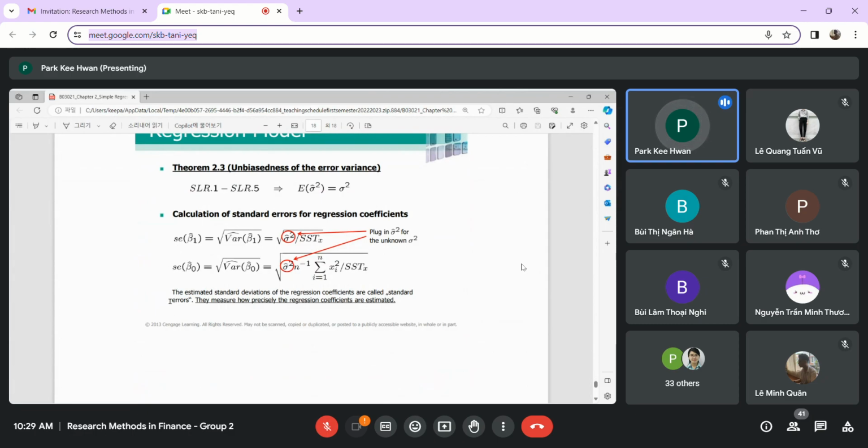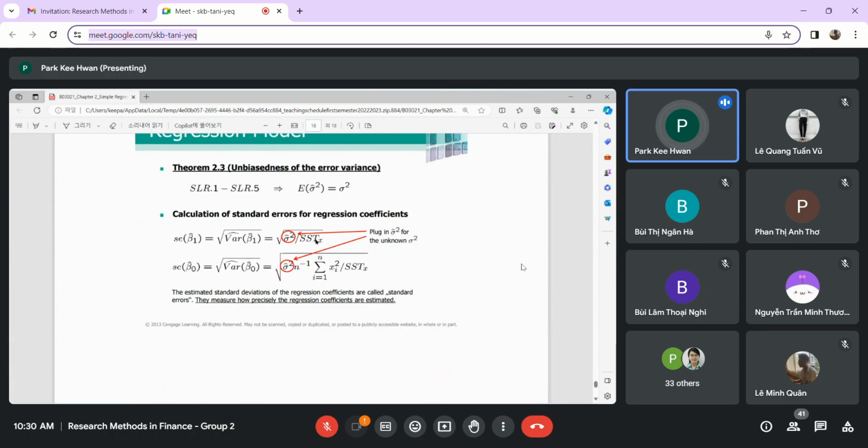But remember that the standard error of the coefficient depends on these things: the variance of the error term, the variation in the explanatory variable, and also the sample size.